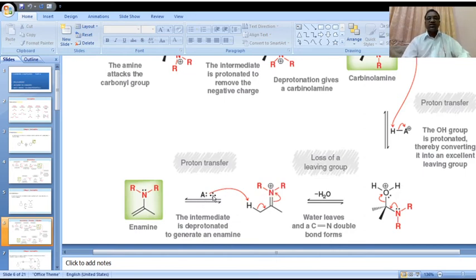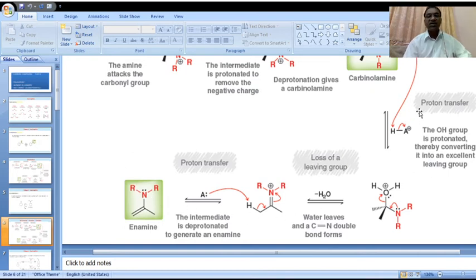Is it clear? This A minus abstracts a hydrogen, forms a new pi bond, and the pi bond between carbon and nitrogen breaks. That nitrogen atom gets neutralized to form the enamine compound.